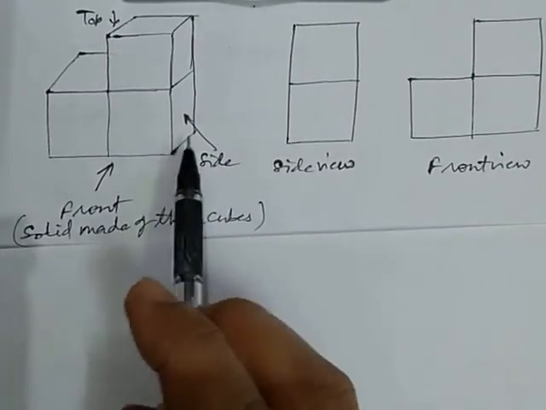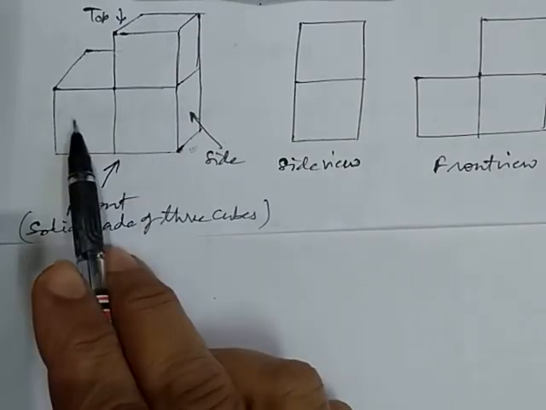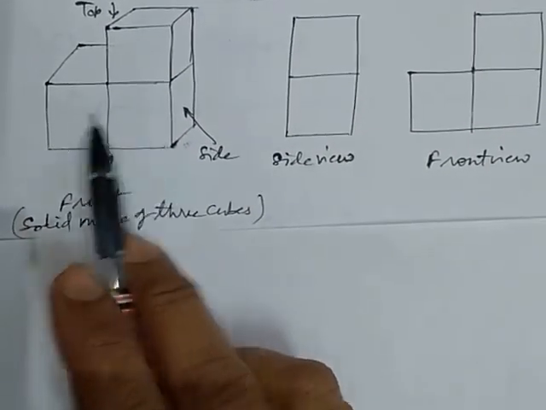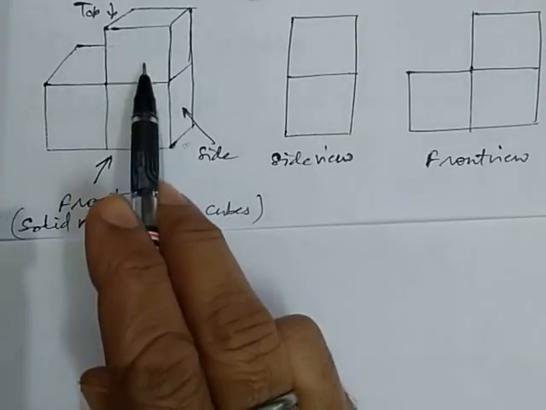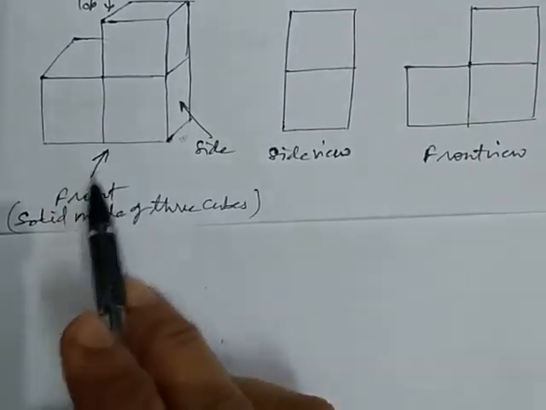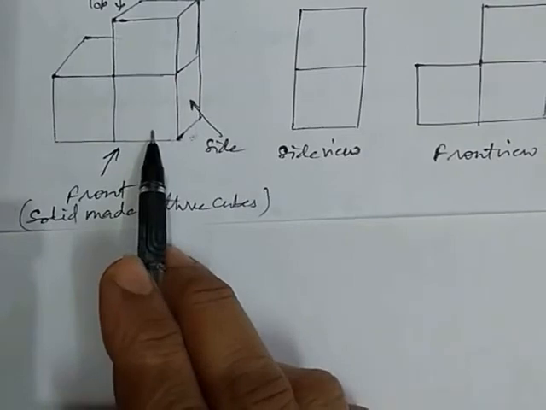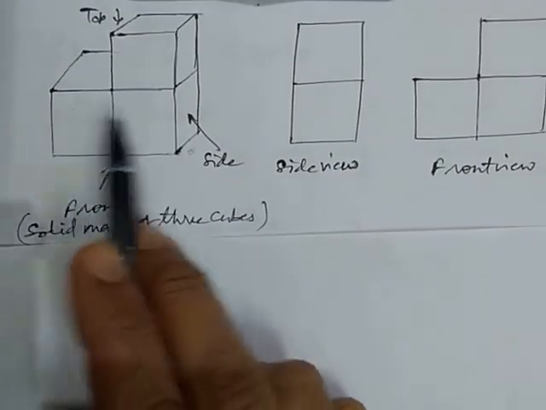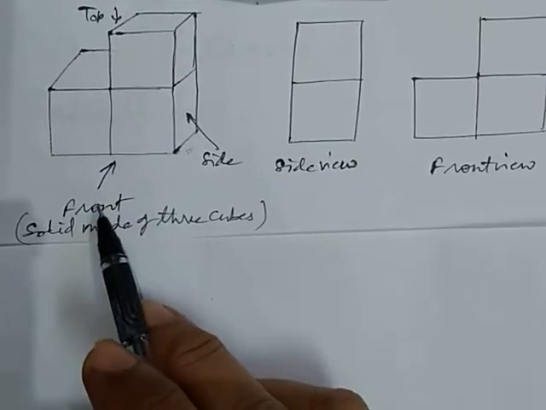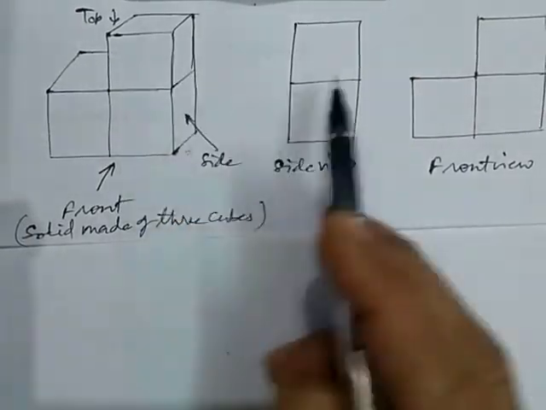Now this is a solid made of 3 cubes. Here we place 3 same cubes, 2 at the bottom and 1 at the top, and we look at this setup. This is a solid made of 3 cubes, 1, 2, 3. And if we look from this side, only these 2 cubes are visible.